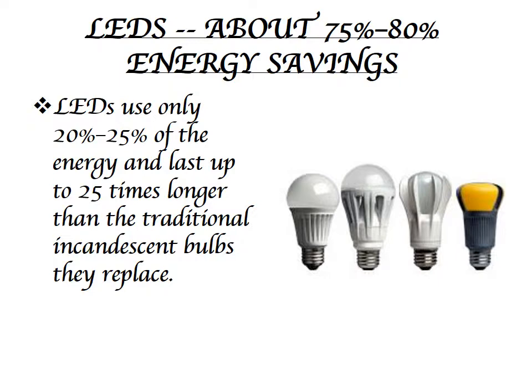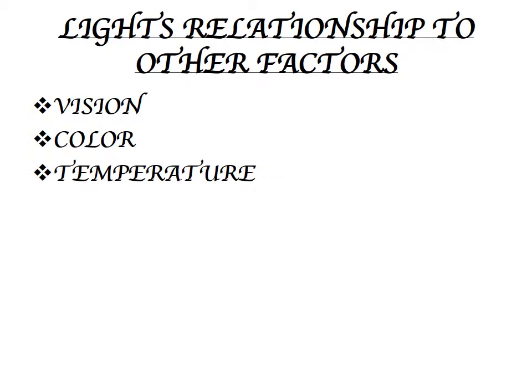LEDs use only 20% to 25% of the energy and last up to 25 times longer than the traditional incandescent bulbs they replace. Light's relationship to other factors: those are vision, color, and temperature.